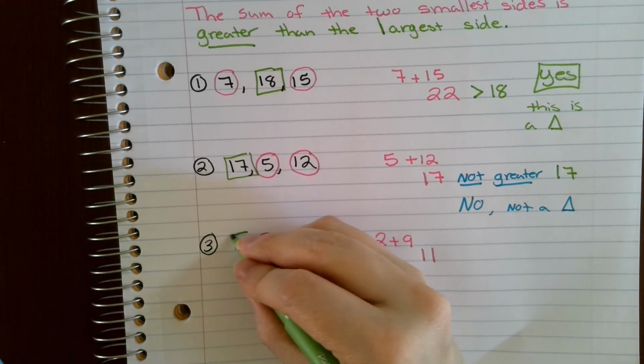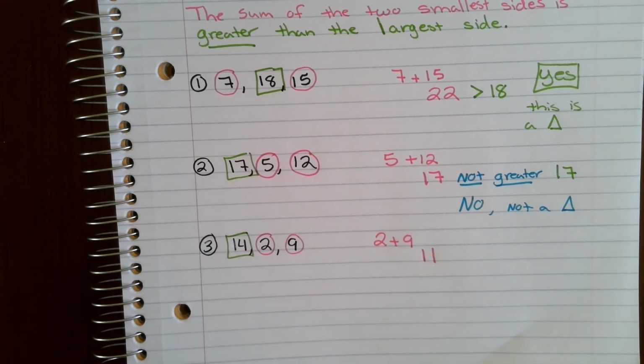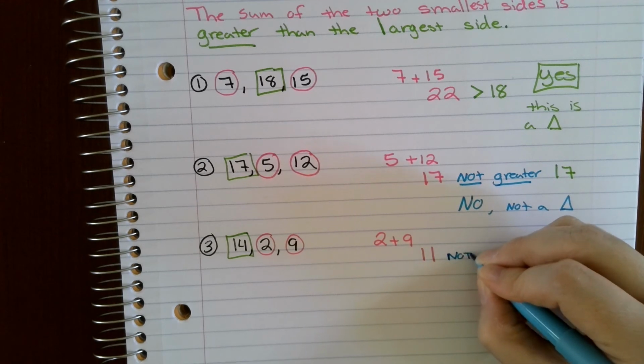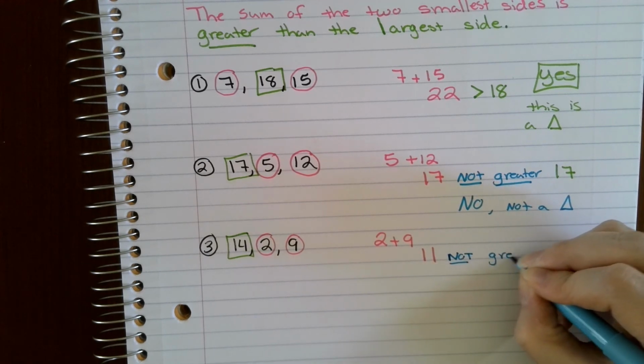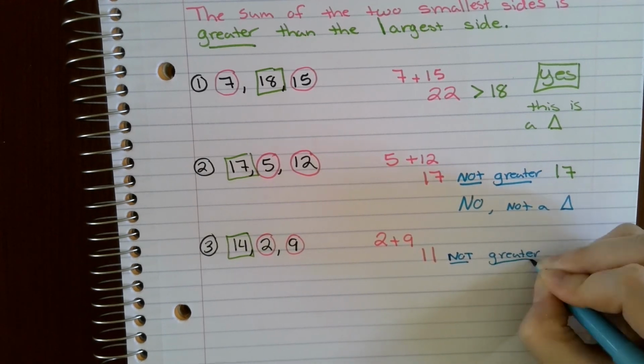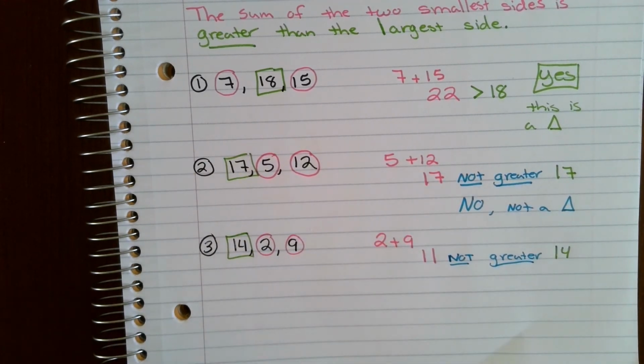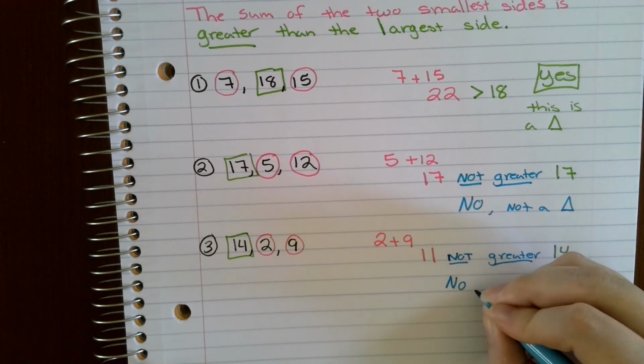Our largest side is 14. Is 11 greater than 14? No. 11 is not greater than 14, and therefore, this is not a triangle.